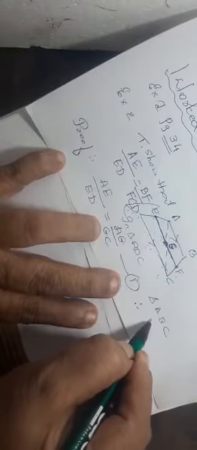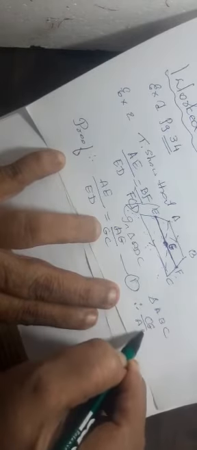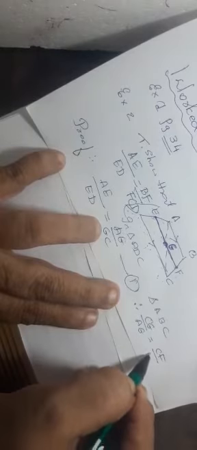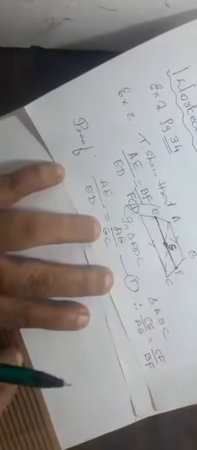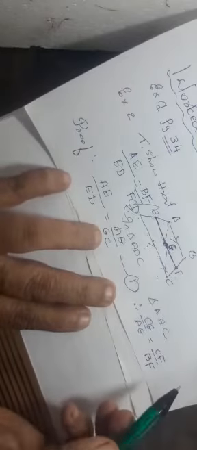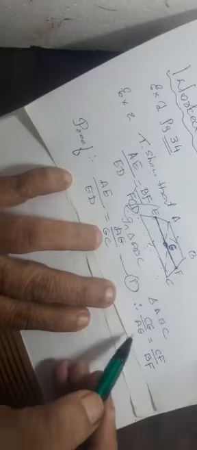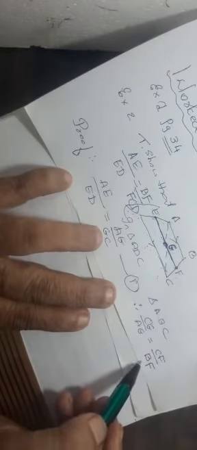Therefore, you get CG by AG is equal to CF by BF. See what I am doing. I am applying Thales theorem because this line is parallel to AB there. Therefore, it will divide the other two sides proportionally. So by Thales theorem I am writing CG by AG is equal to CF by BF.